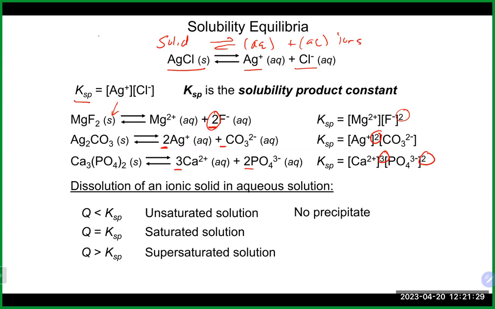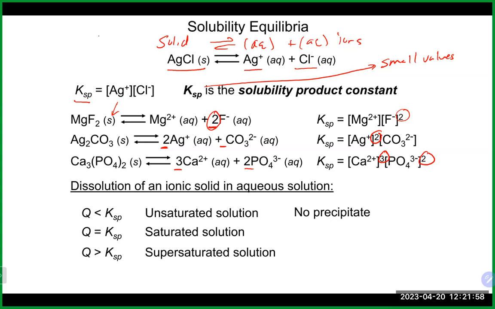KSP values, as we will see, are relatively small values. Because KSP really means that they are still a K value, when you have a small value of K, you mainly have reactants. That's why these things are insoluble.